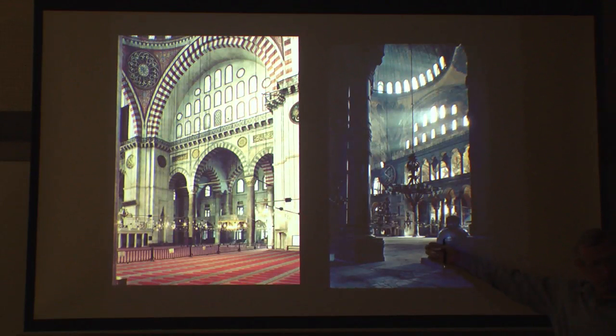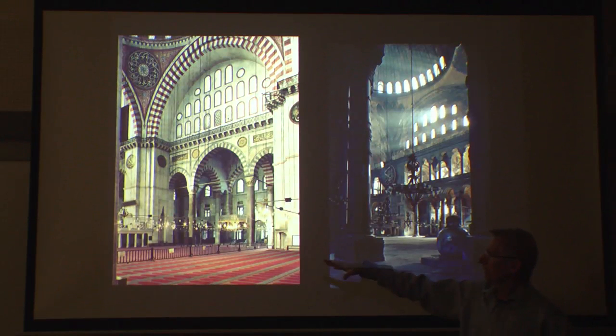This is one of the buildings we've mentioned. It's a building that's on the same plan. This is Hagia Sophia. And the main difference between the two is at ground level. The idea in a mosque is to have as much open space as possible so that people can pray in rows together.